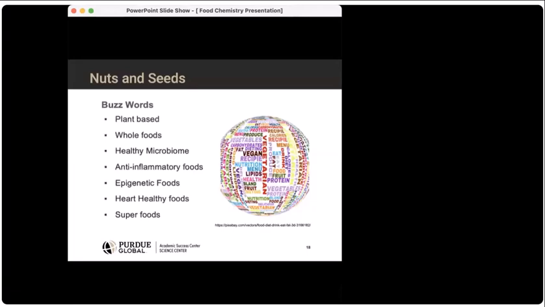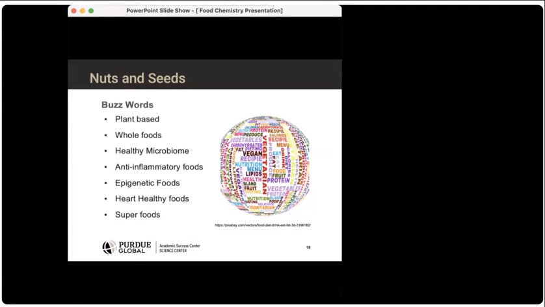Now, if we take a look at our healthy buzzwords, nuts and seeds fit into a lot of these categories. They're plant-based as they come from plant sources. If we eat them raw, they're going to be whole foods. They provide fiber that can improve our individual's gut microbiome. They're epigenetic in that they're involved in the synthesis of methionine and SAM.